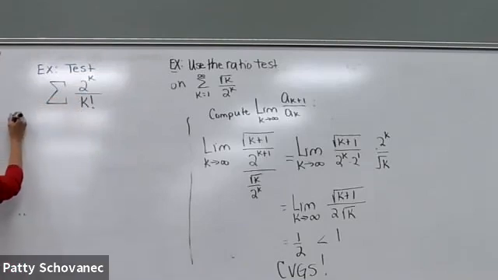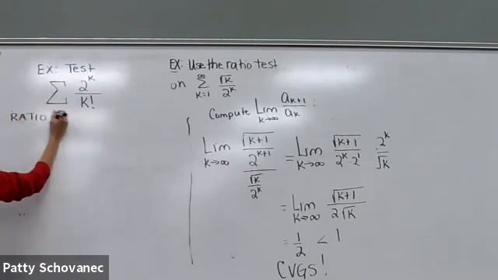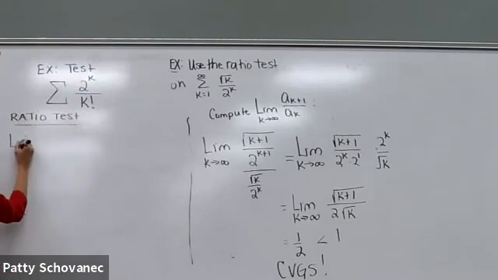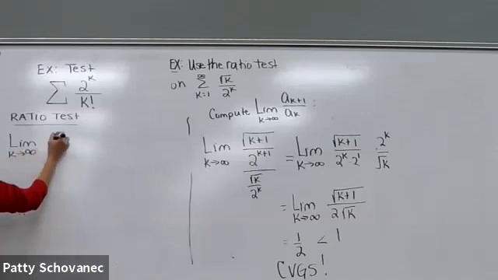So we try the ratio test. The statement of the ratio test is that we're going to compute the limit as k goes to infinity. We make the a_(k+1) term and we divide it by the a_k term. Term on the right divided by term on the left, where we form a_(k+1) by replacing each k with k plus 1.